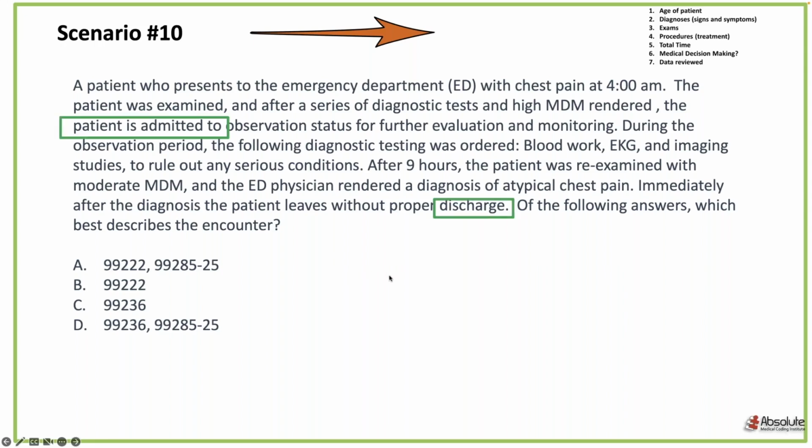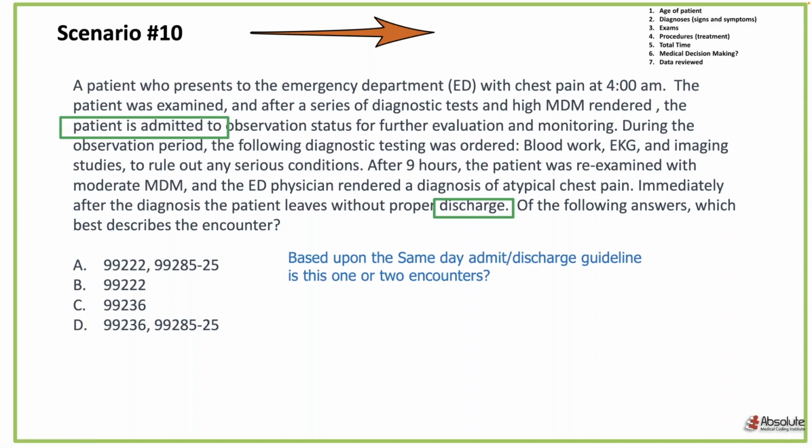All right. So, this patient was admitted at 4 a.m. and then at 9 a.m. they were discharged. In fact, this person left without proper discharge, immediately after they got their diagnosis. So, is this a same day admit and discharge based upon the guideline?